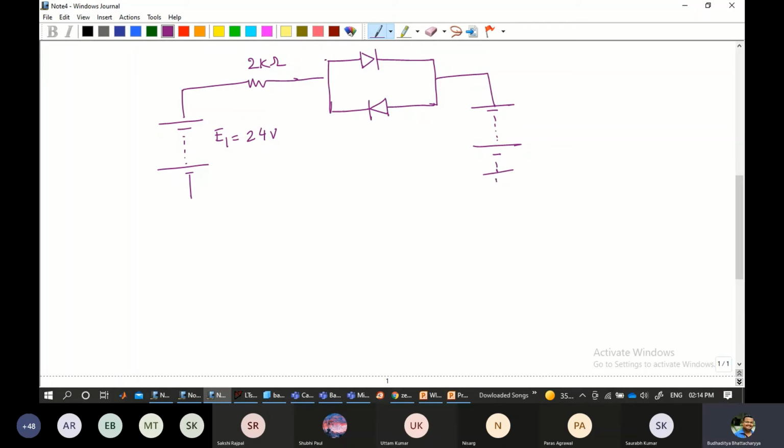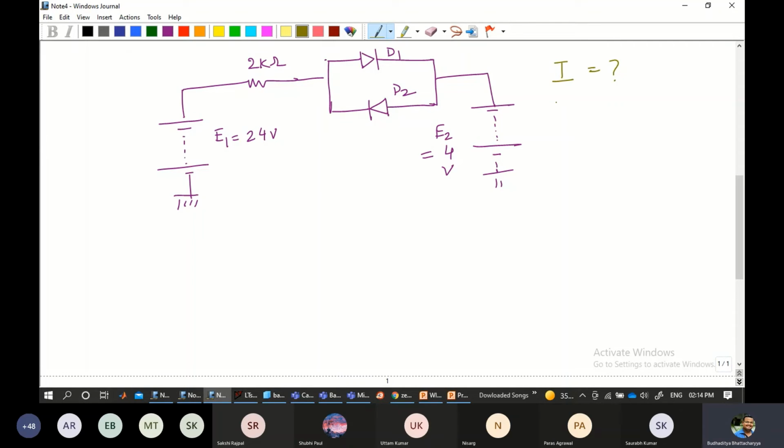This is grounded, this is also grounded. This is E2, and this is given by 4 volts. We have two diodes, D1 and D2, present over here, and 2k ohms there. The question is to find the current I, that is, the circuit current.